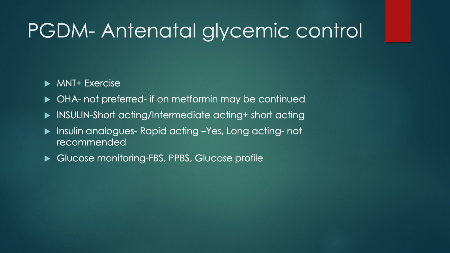So often you have to resort to a glucose profile, which means you have to take a fasting blood sugar, postprandial blood sugar after breakfast, lunch, dinner, and another random blood sugar at 5 p.m. and 3 a.m., which will give you roughly the 24-hour glucose value of the blood, and according to that you have to control the blood sugar, and you have to repeat daily. Self monitoring of glucose will be required in this patient.